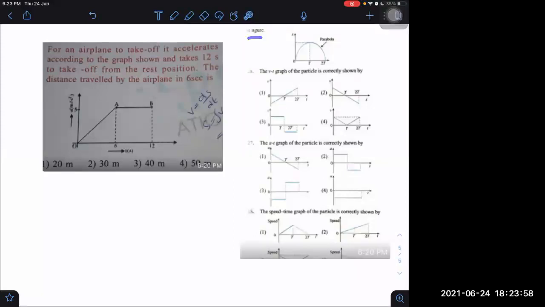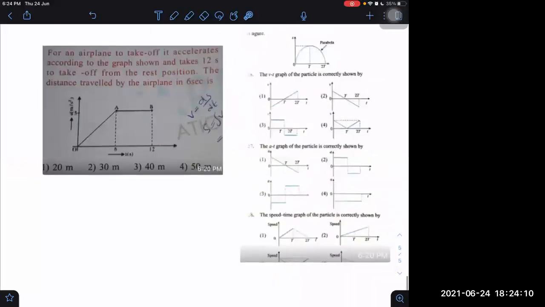What is this one here? Parabola. If the x versus t graph of the particle is correctly shown as a downward parabola, then it simply tells us acceleration is negative.